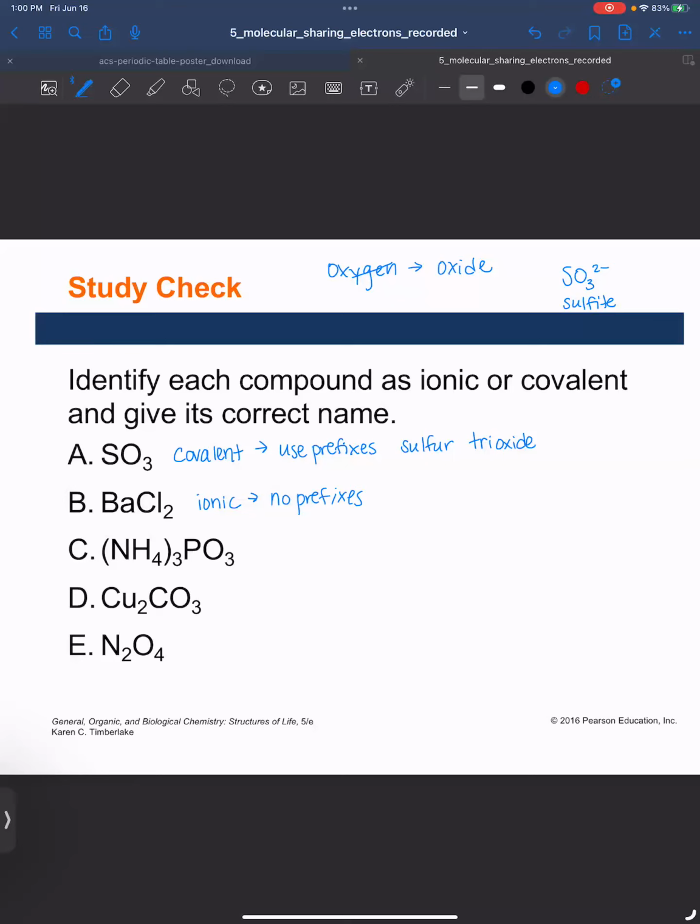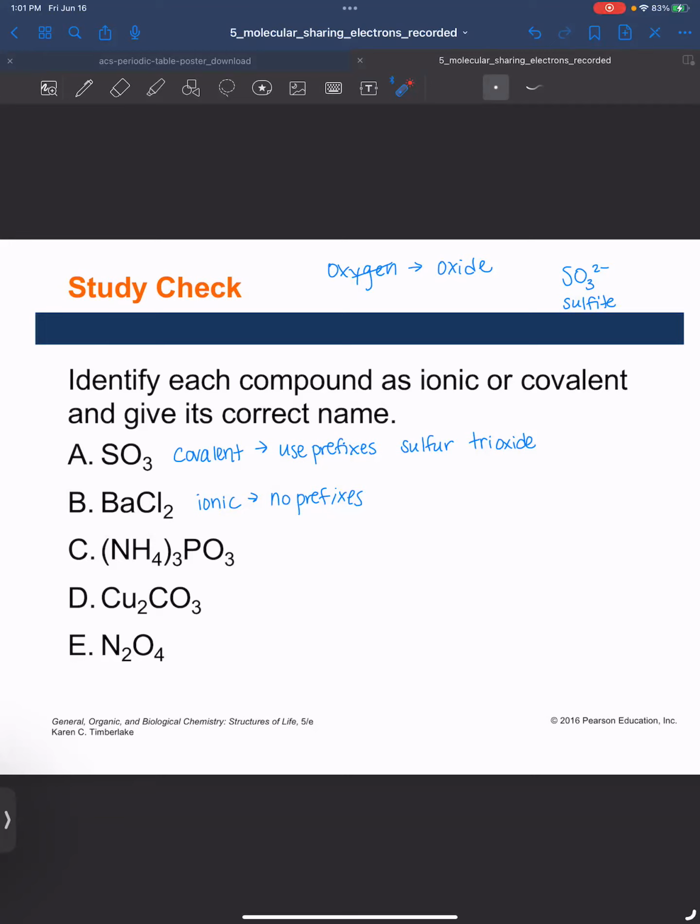So sometimes I'll see students use prefixes for ionic compounds. Sometimes I'll see students try to use Roman numerals for covalent compounds. So try your best to keep that flow chart in mind and keep organized of when you need to use what. For example, prefixes only for covalent compounds, Roman numerals only for transition metals. So those sorts of details you want to have organized.